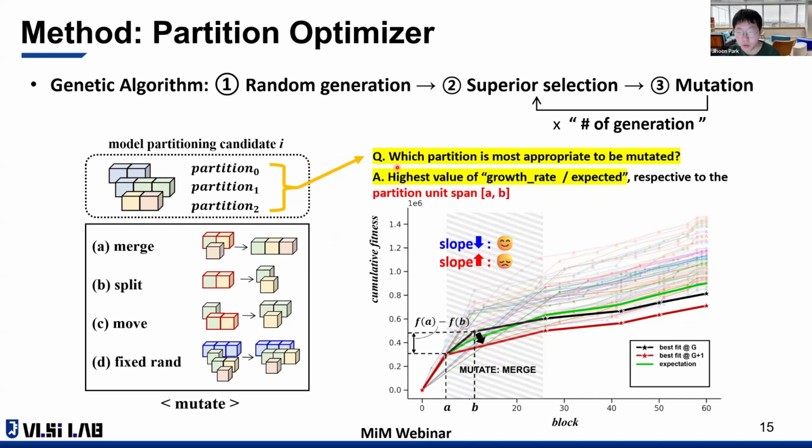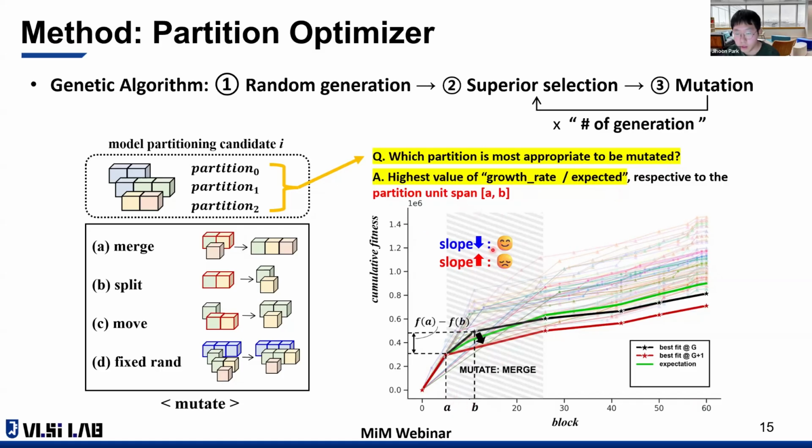So the answer to this question, to find which partition is most appropriate to be mutated, is that you want to change the location of a partition, and then you can get the improvement rate for that span of partition units.